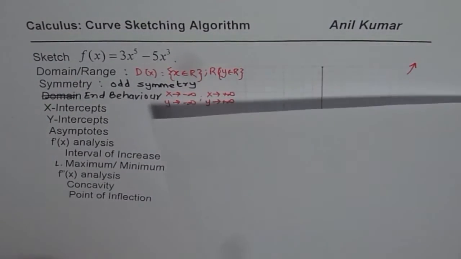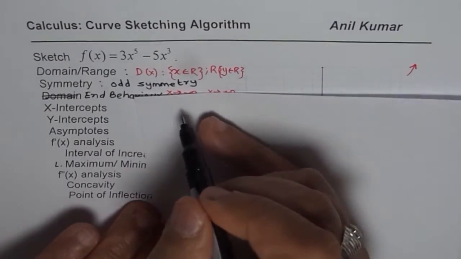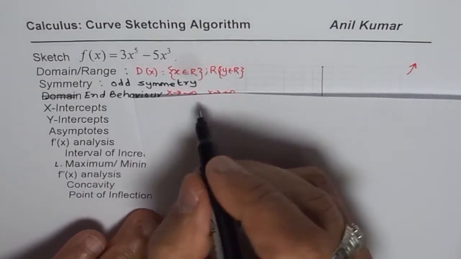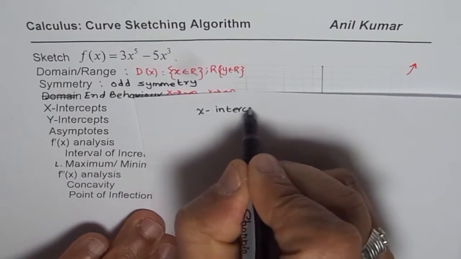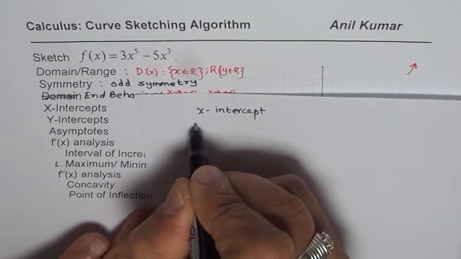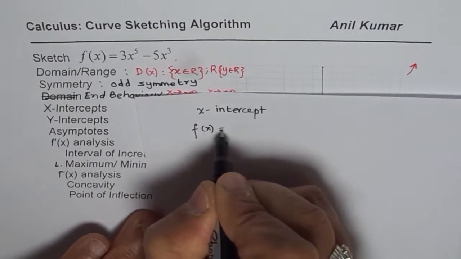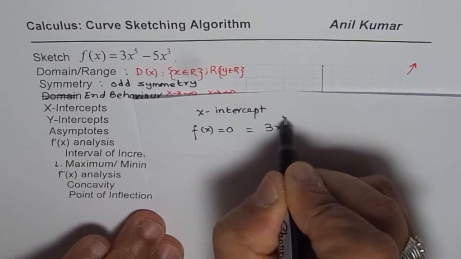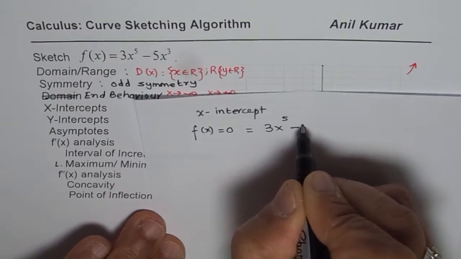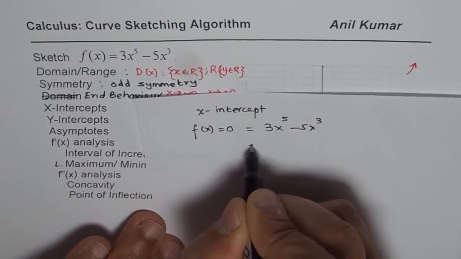Now to find x-intercept, what should we do? We have to get f of x as 0, right? So x-intercept means f of x equals 0. That is to say, 3x to the power of 5 minus 5x cubed equals 0. Let's factor this.